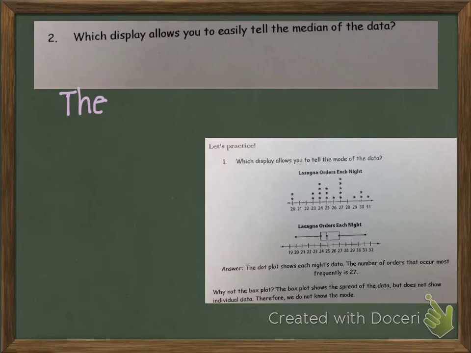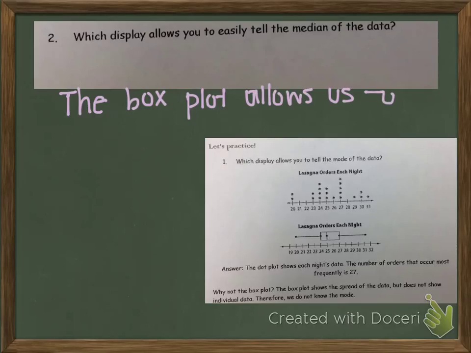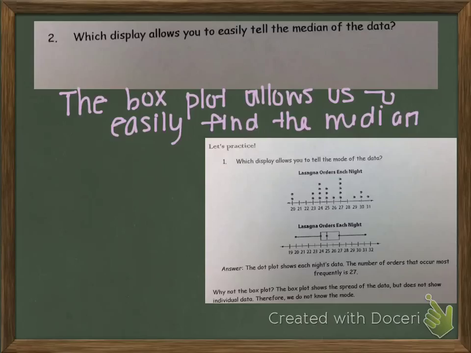The box plot allows us to easily find the median. So we're going to write it in a complete sentence. I'm sorry, I said the mean. It's the median. We could look at the box plot and immediately say, right here, we have the median.